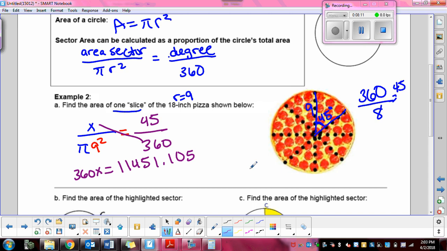And now I'm going to divide by 360. So I'm going to divide this side by 360. Whatever I do to the left, I have to do to the right. And I have x equals, divide that by 360, about 31.8. So 31.8 inches. And since we're finding the area, it's in the second dimension, so I have to say inches squared.